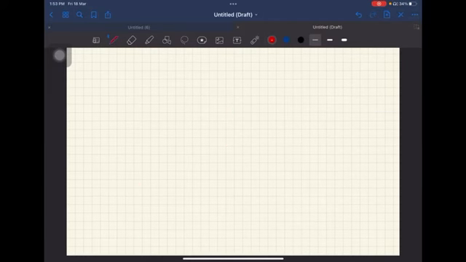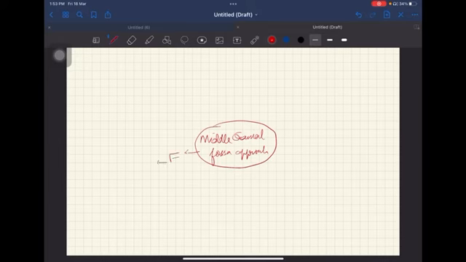Now coming to the last approach, we have the middle cranial fossa approach. The features of this approach are, again here we preserve both hearing and the facial nerve.